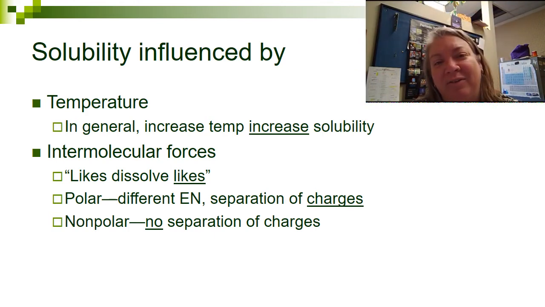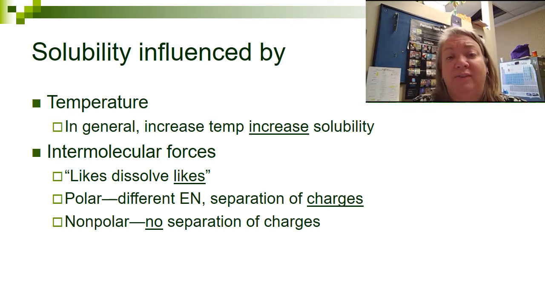We actually discussed some of these intermolecular forces. I believe it was back in chapter 6. And the idea is between individual molecules, there are some temporary attractions that occur. And the type of molecule that you have influences how strong or weak those interactions tend to be.